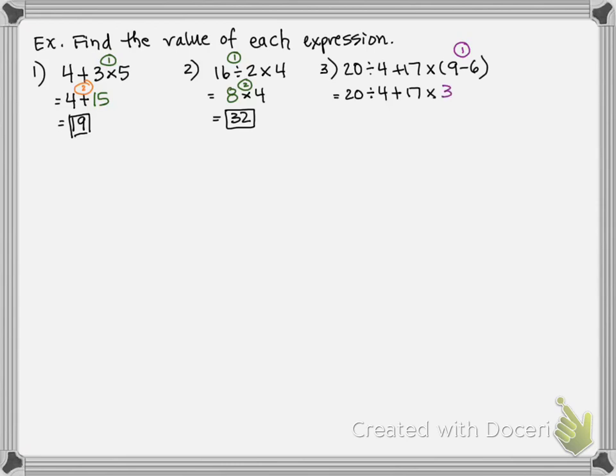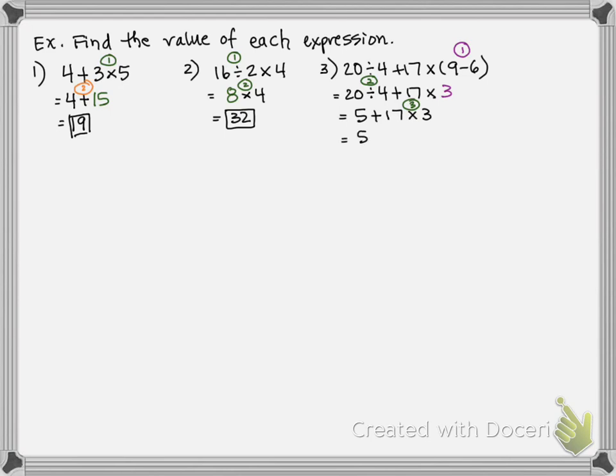Okay, now I look for exponents, and there aren't any. So the next thing I look for is multiplication or division, whichever comes up first. And what comes up first is the division. So I'm going to do that. 20 divided by 4 is 5. Then I just write out the rest. Okay, now I look for any other multiplication or division, and I do have multiplication, so that'll be my third operation.